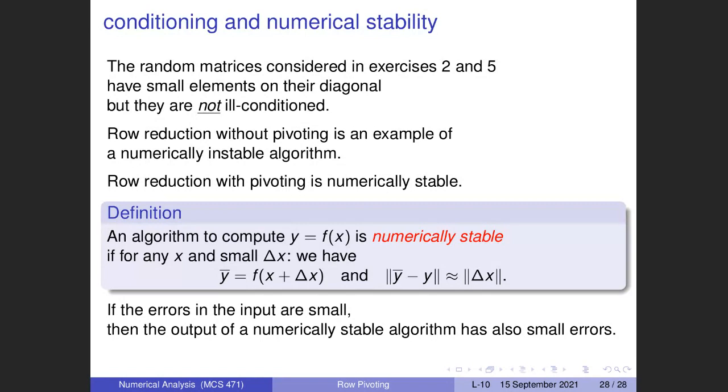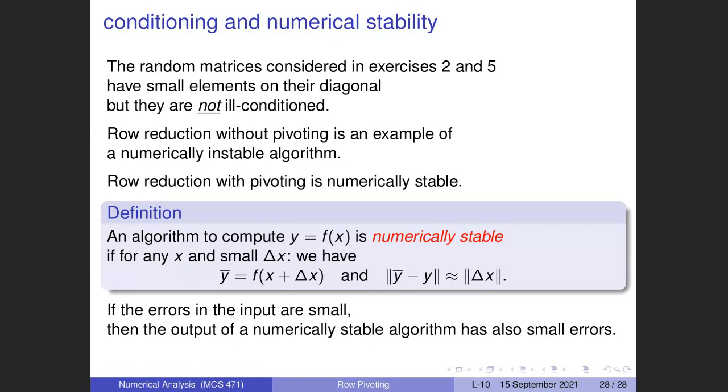We define numerical stability rather late in this course, only in lecture 10, whereas already in lecture 4 I came up with conditioning. Conditioning is the main question if you look into a problem. Stability is the main question if you look into an algorithm.